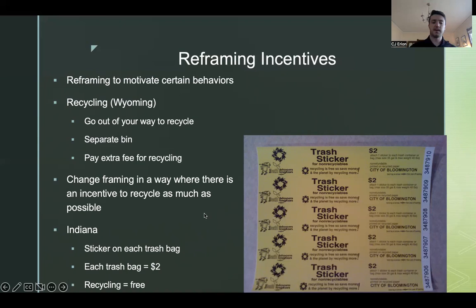And so those trash bags are worth $2. But recycling, on the other hand, is free. So you can see how just the way that this incentive is framed, it makes one want to recycle a lot more because then you'll save money, right? And the utility of that becomes a lot more psychologically apparent in that moment.